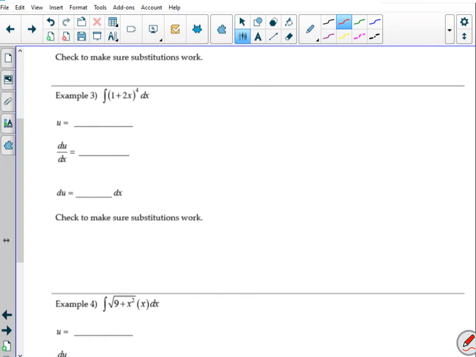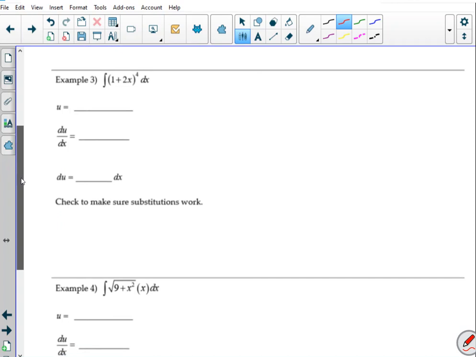There are ways that even if I don't have a perfect match between u and du, I can create a match. That's where the first variation problem is. Things are not perfectly aligned. And this happens a lot, definitely in this style of problem, where all I have is one big chunk to a power.